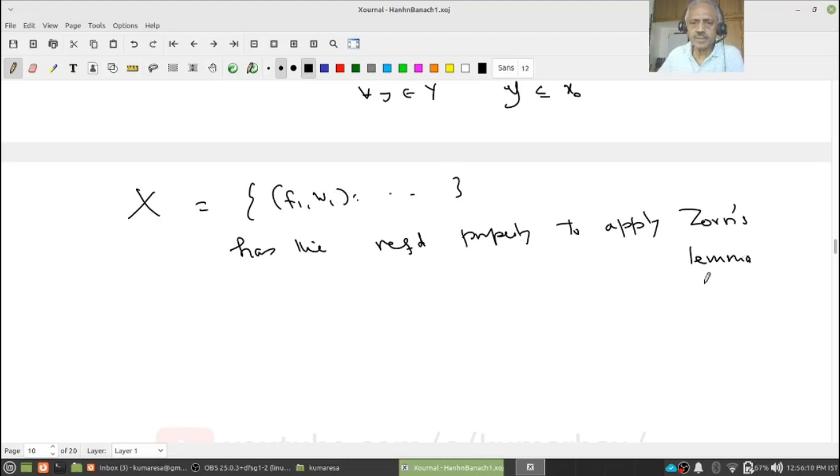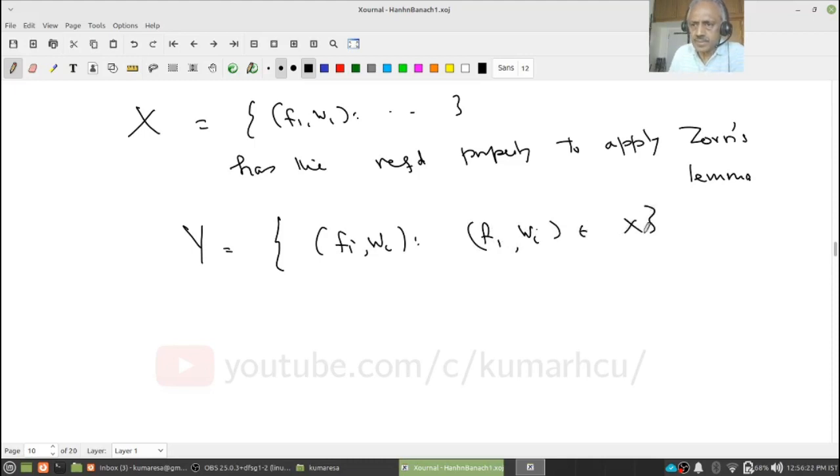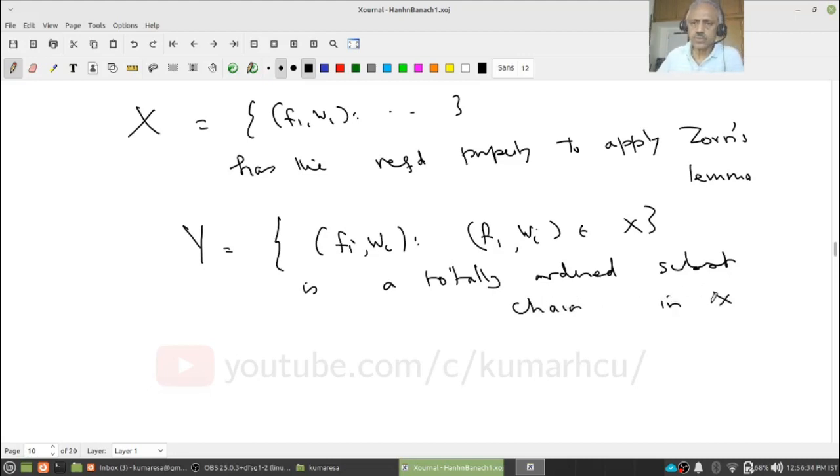What does that mean? Suppose Y is a collection of (Fi, Wi) such that (Fi, Wi) belong to X, a totally ordered subset, or a chain, in X. So what do I have to prove?